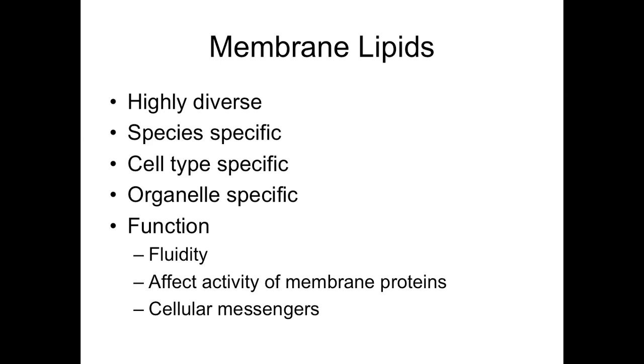Also, the cytosolic monolayer will have a different membrane lipid composition than the non-cytosolic monolayer, where you have a lot of glycolipids. And, for instance, phosphatidylinositol is a signaling molecule that you find almost exclusively in the cytosolic monolayer.